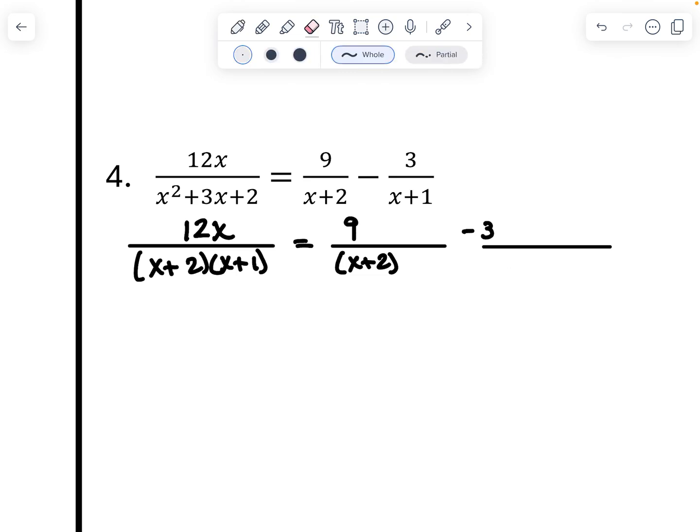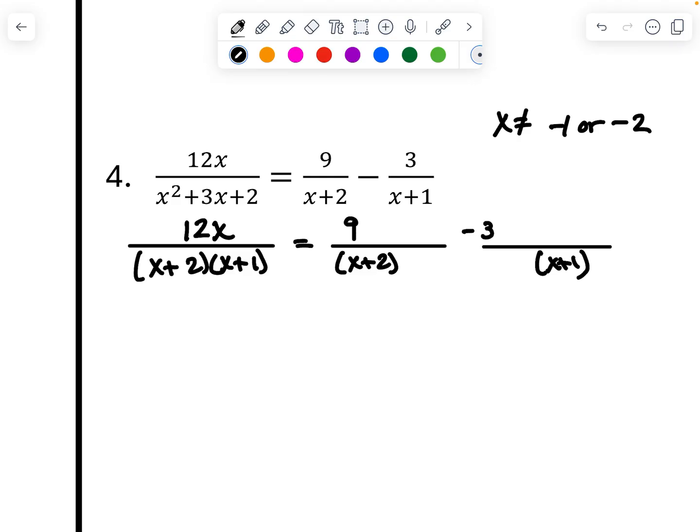I would write that. So the common denominator is x plus 2, x plus 1. Oh, by the way, x cannot be negative 1 or negative 2. Probably to be consistent, I should have written those the other direction. Negative 2 or negative 1, doesn't matter.